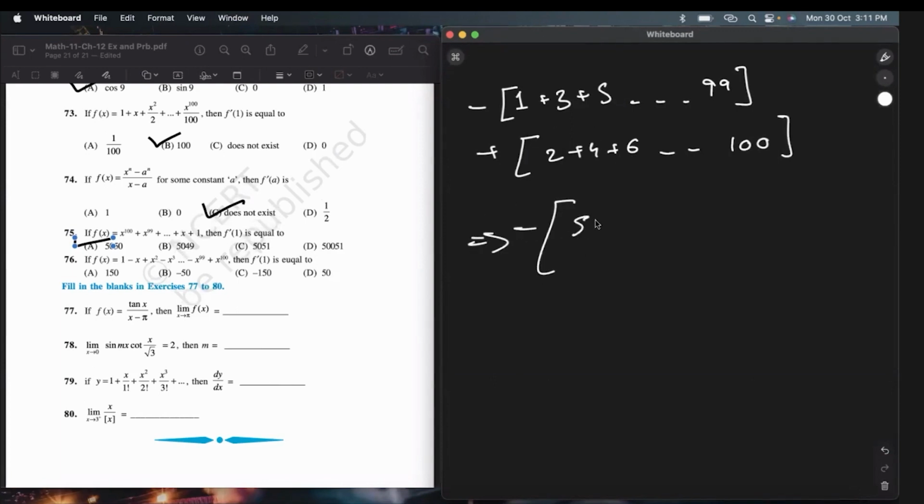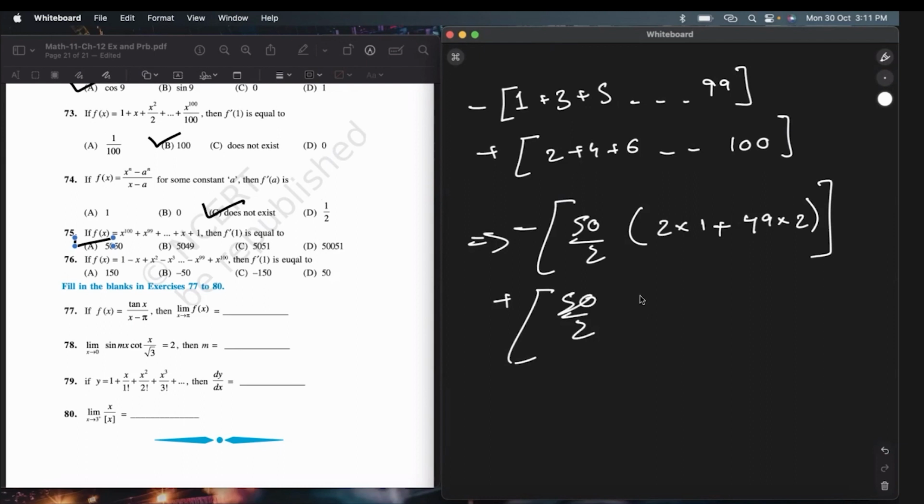Minus, 50 terms are there, so 50 by 2 times 2 times 1 plus 50 minus 1 into 2, so 49 into 2. Plus, again 50 terms are there, so 50 by 2 times 2 plus 49 into 2.